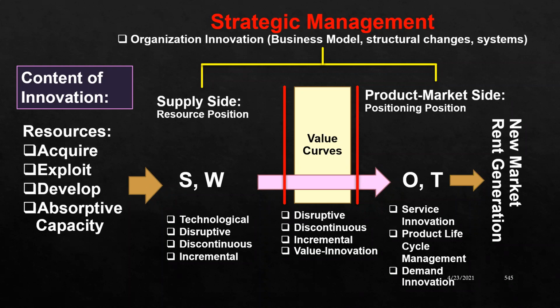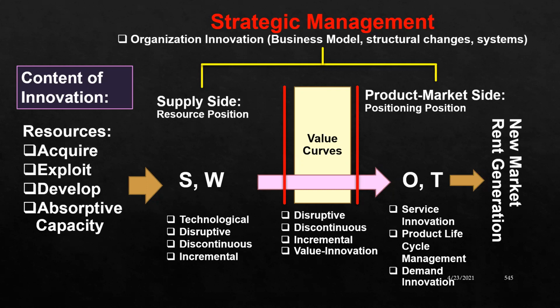And along each of these processes, what are we going to do with it, and what kind of innovations do we need in order to have better differentiation, better cost advantages, or a hybrid of it, or a Blue Ocean strategy, right?